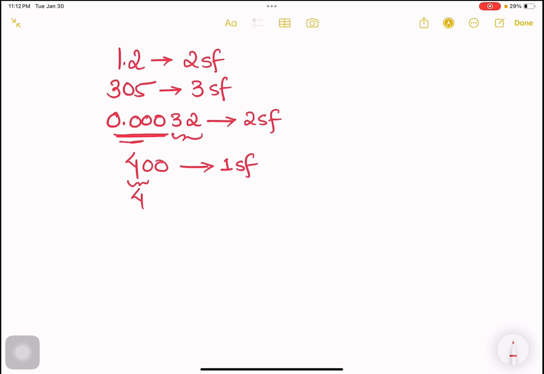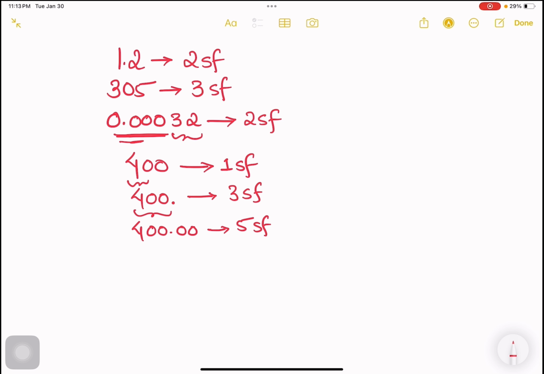However, if there was a decimal point right here, you will count all the digits. Okay, so it has three significant figures. Now, if the zeros are on the right side after the decimal point, we will count those as well. 400.00, how many? It has five significant figures.